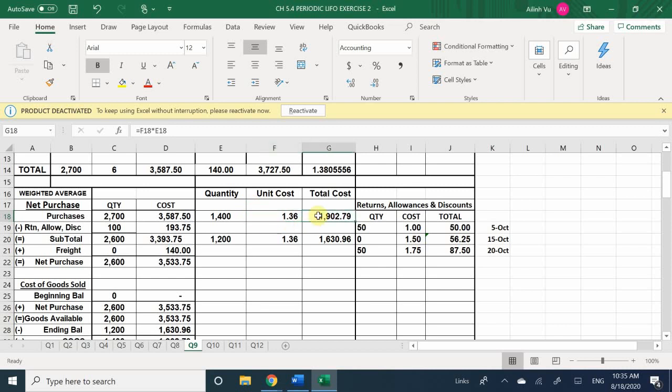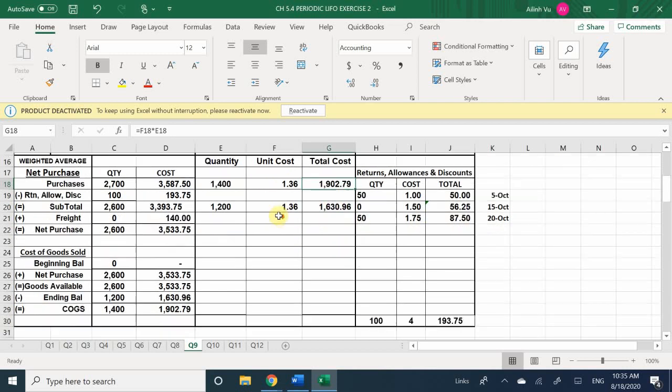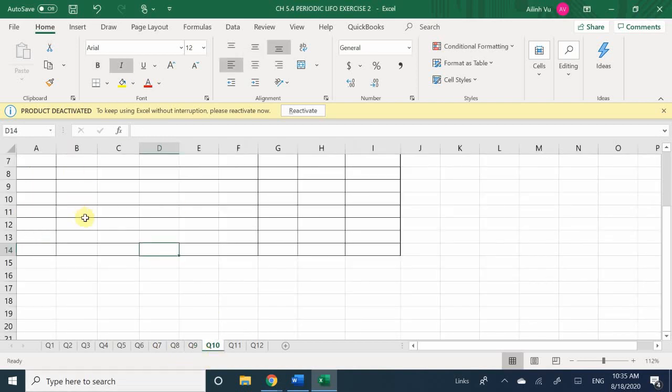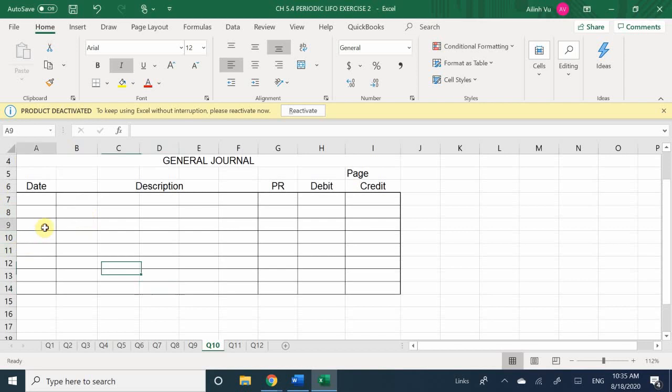Okay, so here I changed it back so we're looking at our actual precise cost of goods sold. Here I have 1902.79. All right, so there you go. And again, we're going to practice our conversion entry. What am I converting into as of October 31st?